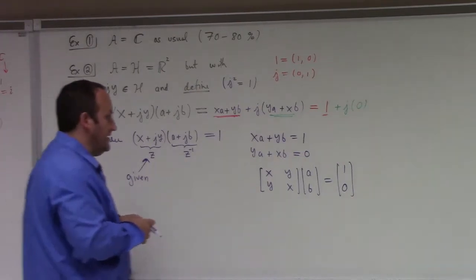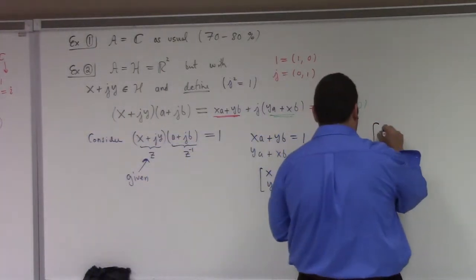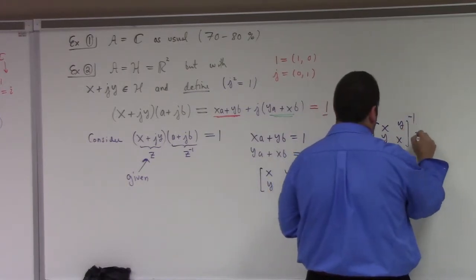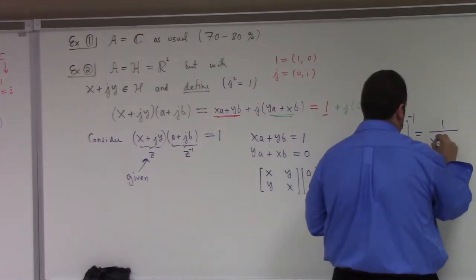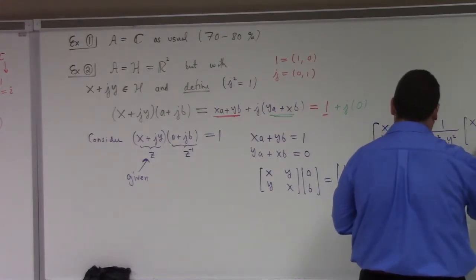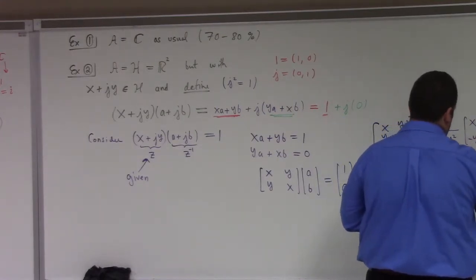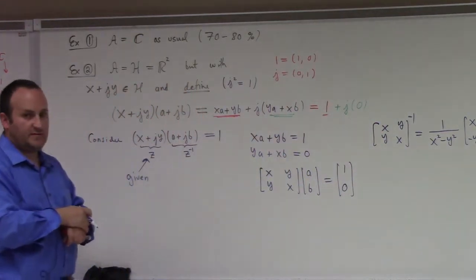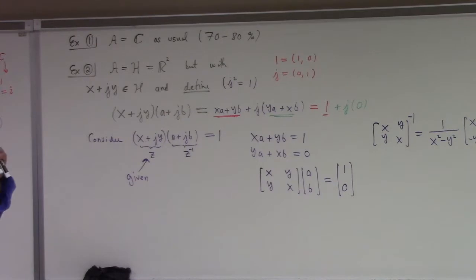If you didn't know already, the inverse of this matrix is what? So you take 1 over the determinant of the matrix, and you flip the diagonals, and you put minuses on the off diagonal.